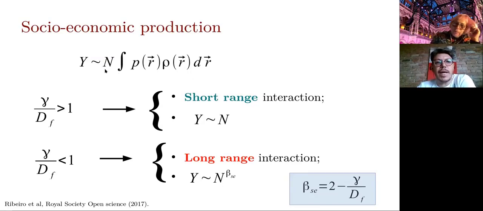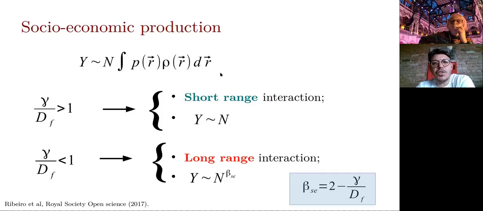Then when we multiply it by N, we have all the number of interactions in your city. By hypothesis, we consider that the socioeconomic output is directly correlated with the number of interactions. And when I compute this equation, two kinds of properties of the model emerge.